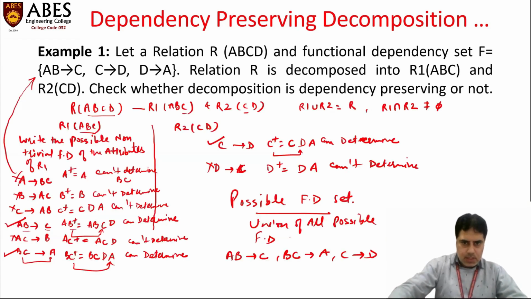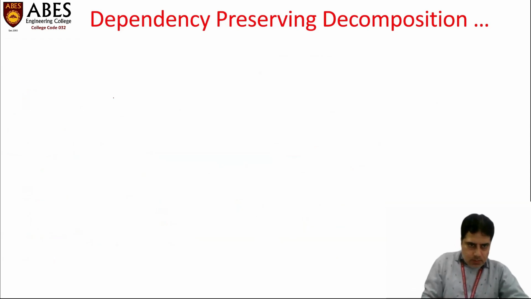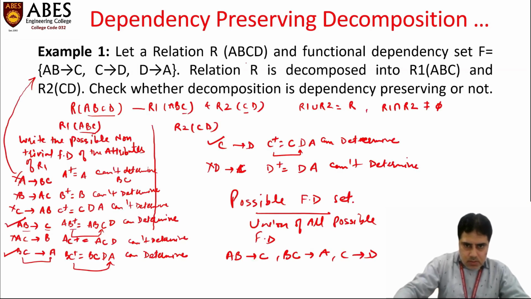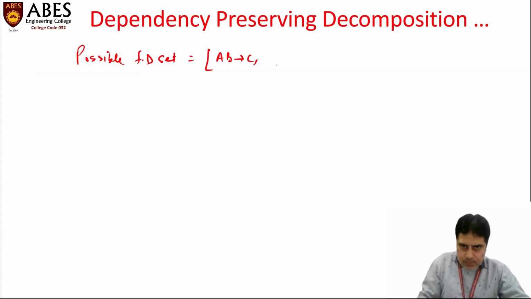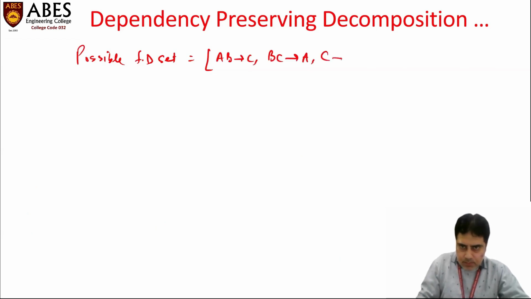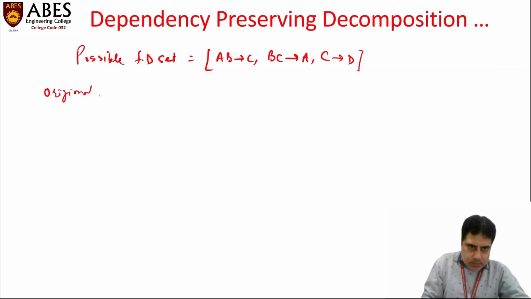Now here we will write the possible functional dependency set. Set is AB determines C, BC determines A, and C determines D. Now take the original functional dependency set.